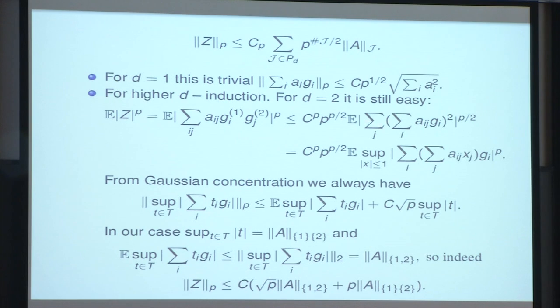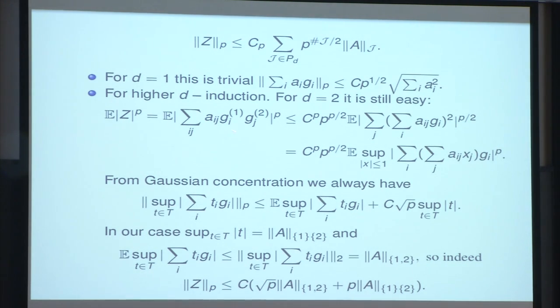One just has to note that this corresponds to this complicated formula, right? But for d equal to 1, we have just a one-indexed matrix, I mean, we have one index, and we only have one partition, right? All you can do is to take this one-element set. And for higher degree, it's natural to proceed by induction.